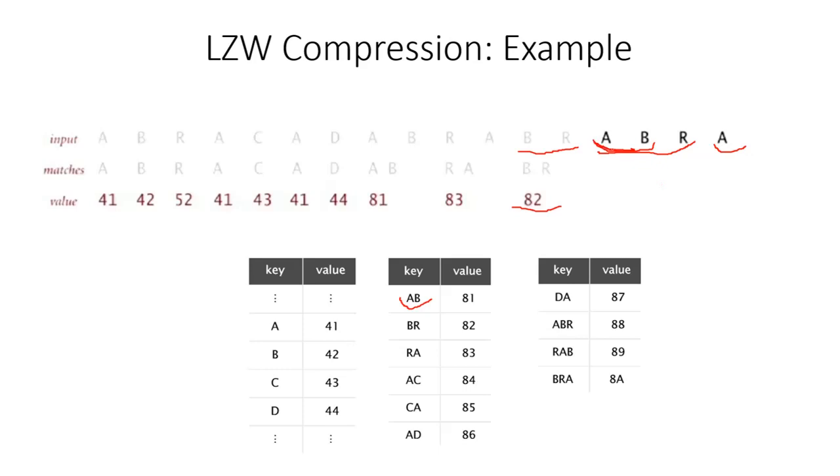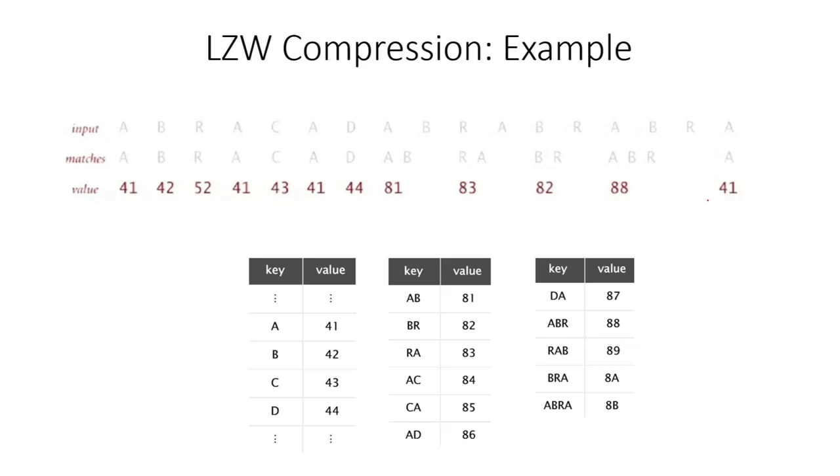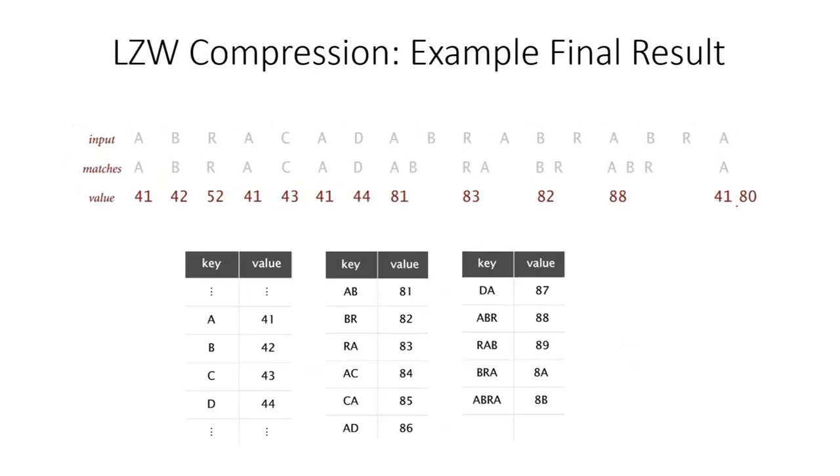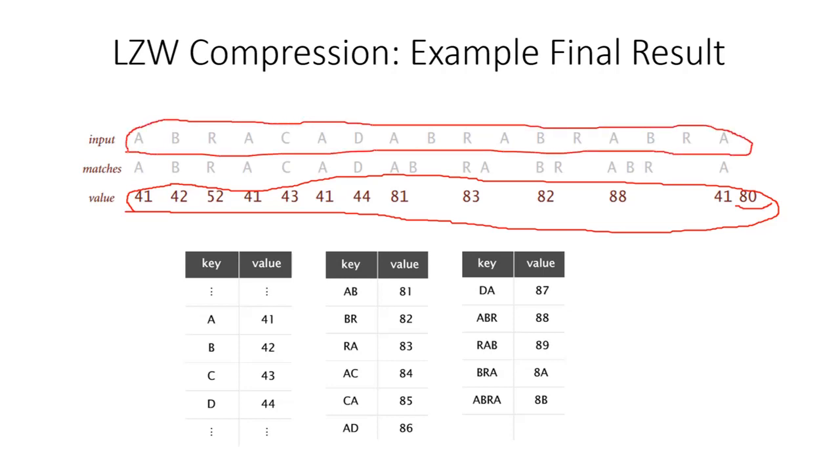That's why we only put ABR and give it a value of 88. And the last one is A, which is just the last letter, and we say that it's 41. And in the end, we need to put 80, meaning that this is the end of our file. So this is our compressed data of our original input data.